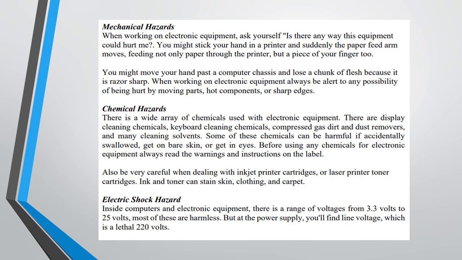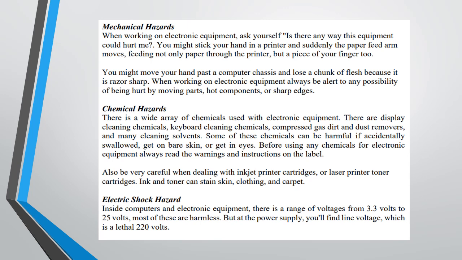Chemical hazard. There is a wide array of chemicals used with electronic equipment. There are display cleaning chemicals, keyboard cleaning chemicals, compressed gas, dirt and dust removers, and many cleaning solvents. Some of these chemicals can be harmful if accidentally swallowed, if they get on bare skin, or get in eyes.